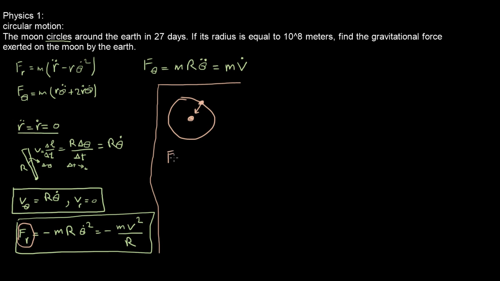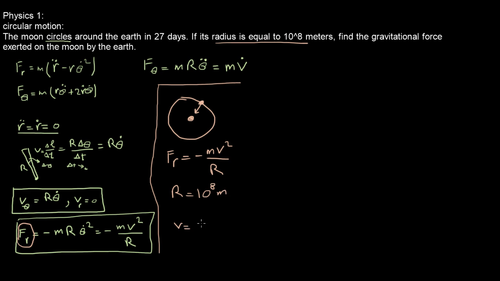So let's say the Fr that is asked is equal to minus the mass of the moon, which we can find online, times v squared, which is given, I now derive it, over r, which also is given. So let's say the radius is 10 to the 8, therefore r equals 10 to the 8 meters.